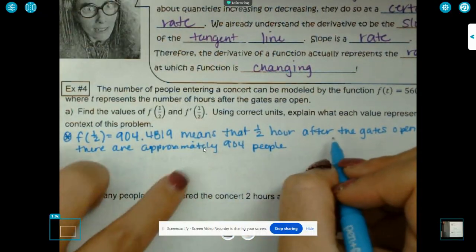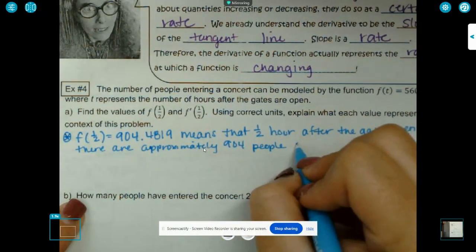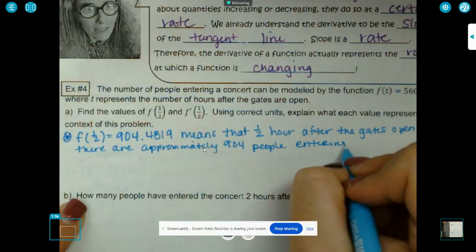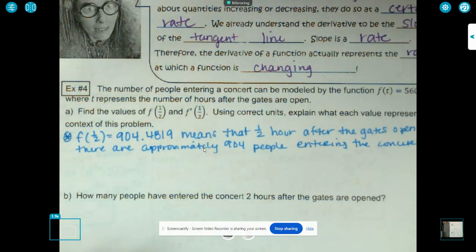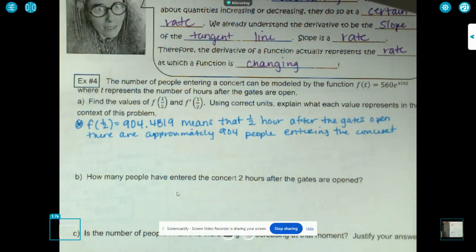Y'all can use the approximately symbol if you want to there. Entering the concert. All right, so now we got to find f prime of 1/2, right?